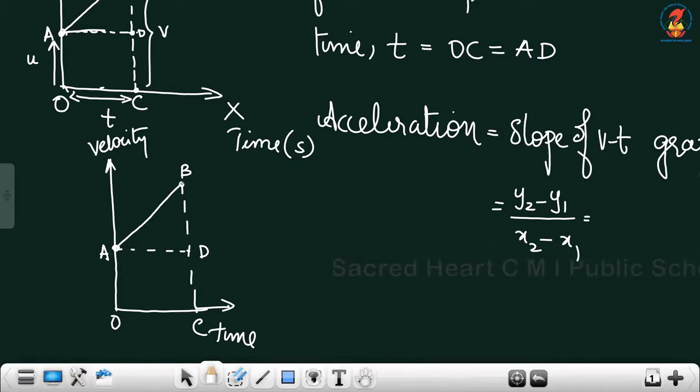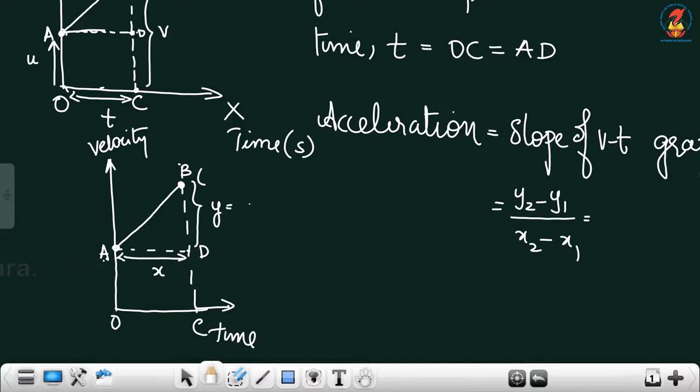So, if I consider 2 points, this first one, point A and this point B, I am considering 2 points A and B. So, this much change is there in y-axis and this much change is there in x-axis.